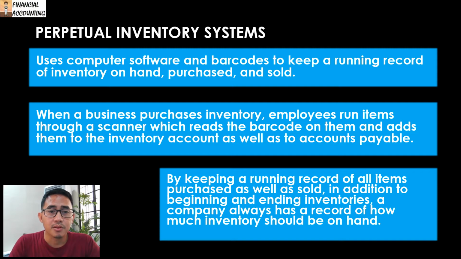So the perpetual inventory system is, for me, better compared to the periodic inventory system, because you can really monitor all items. But in accounting class, you have to always take into account not just the system or the accuracy of the system, but also its cost.